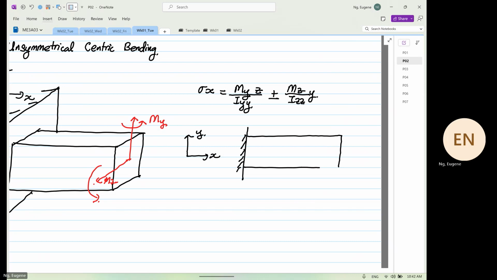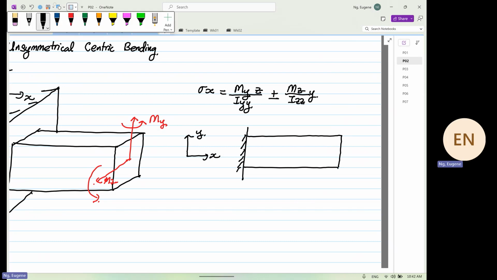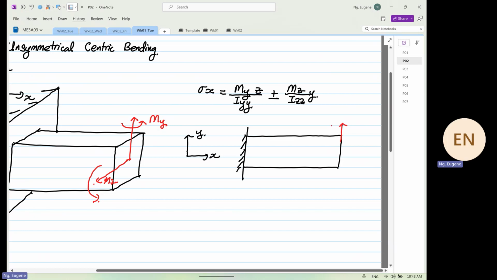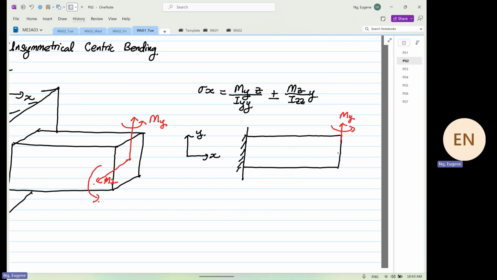Then I'm going to draw the vector moments. This will be our moment about Y, and this will be our moment about Z. And I want you to draw for me, this is rotation about Z.